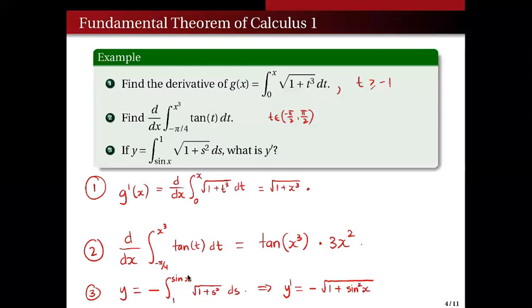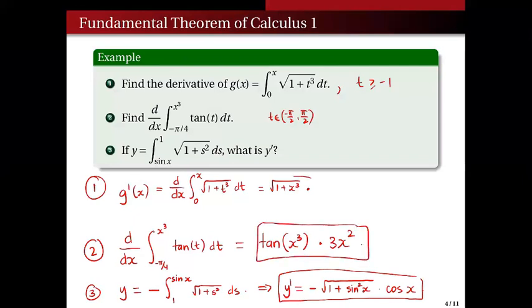And then by the chain rule, we want the derivative of sine x, and that's cosine x. So this is the final answer to that. Okay? Any questions on the fundamental theorem of calculus 1?